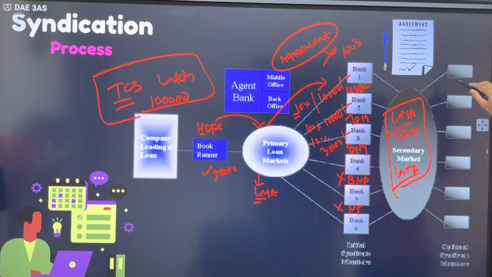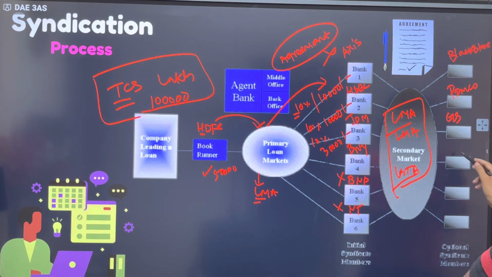Here the funds like, let's say, Blackstone, PIMCO, then GS Fund, ICICI Direct. These are the funds, right? Let's say ABC Fund. These are the funds.